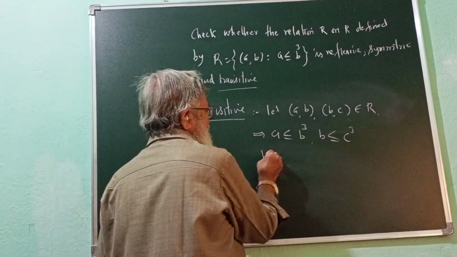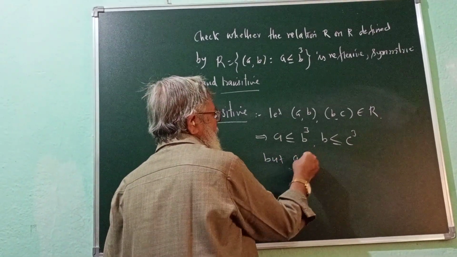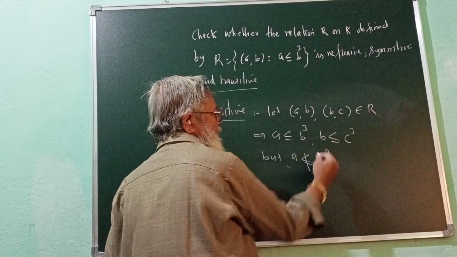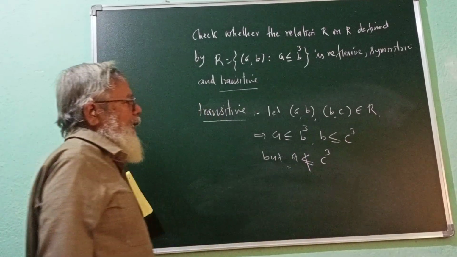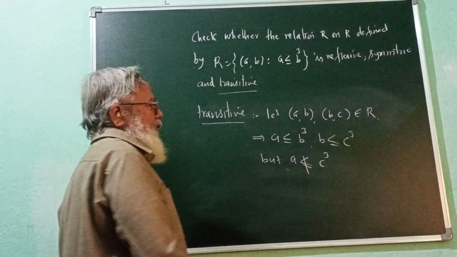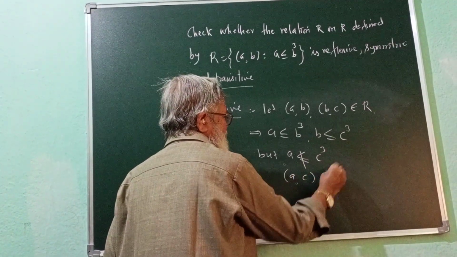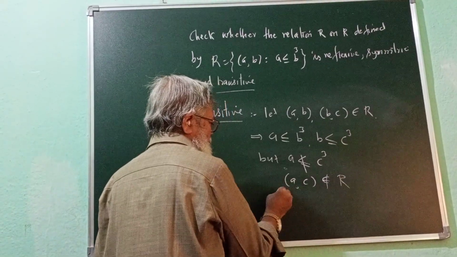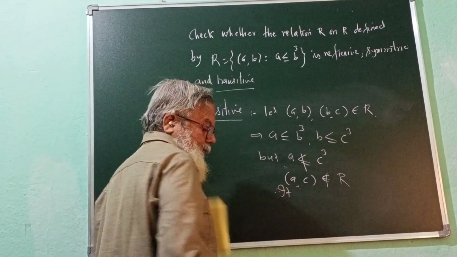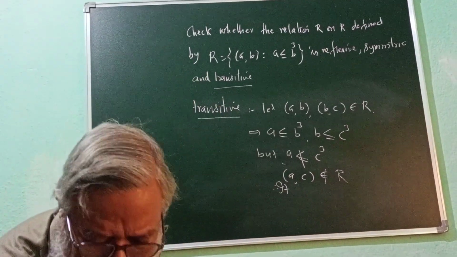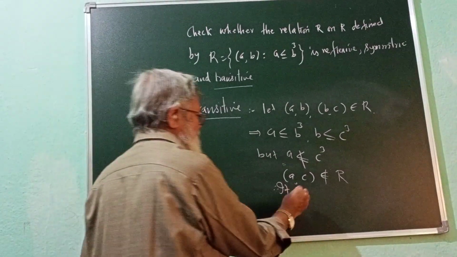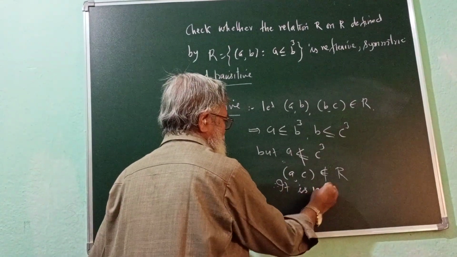A cannot be less than or equal to c cubed. Therefore, (a, c) does not belong to R. Therefore, it is not transitive.